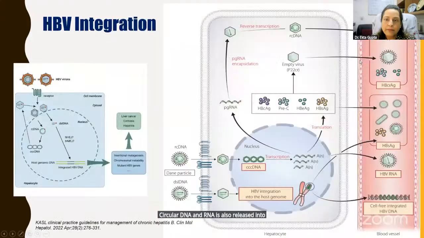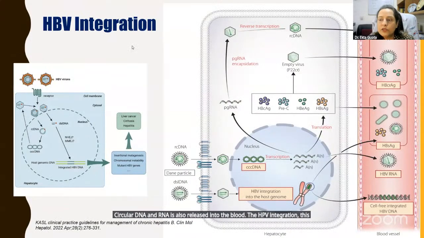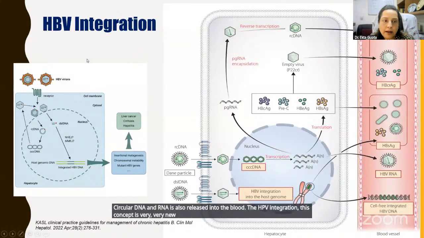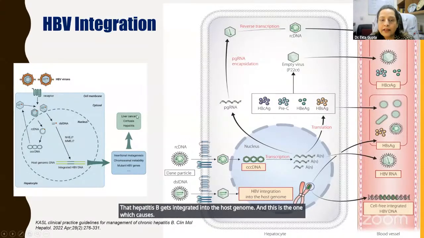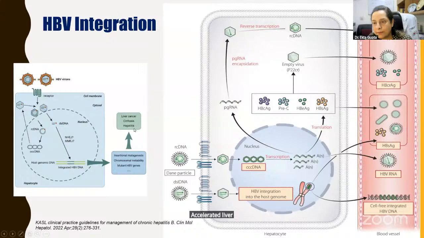The HBV integration concept is very, very new, which has recently come up: hepatitis B gets integrated into the host genome. This is the one which causes accelerated liver cancer, cirrhosis, and hepatitis.